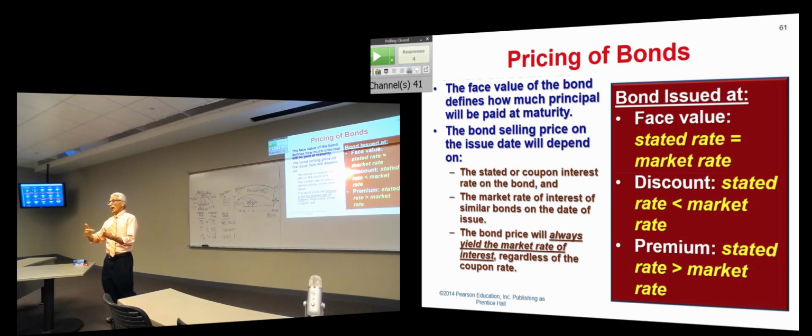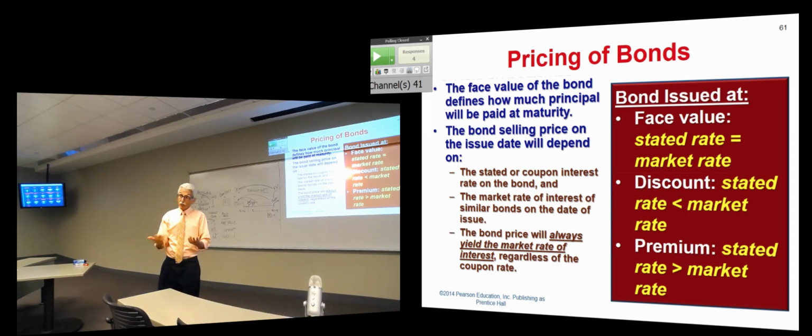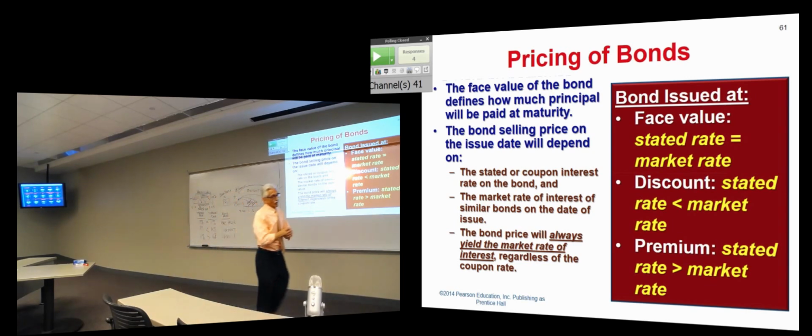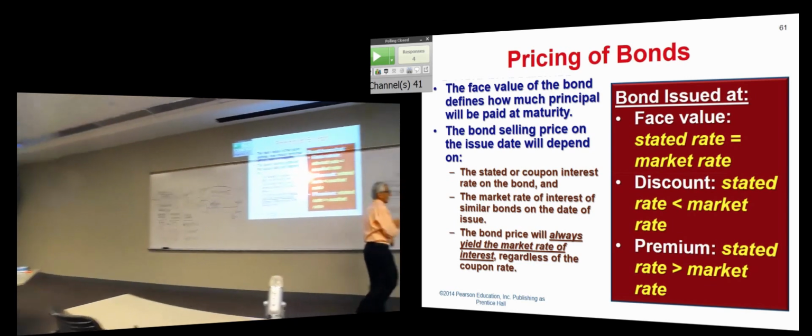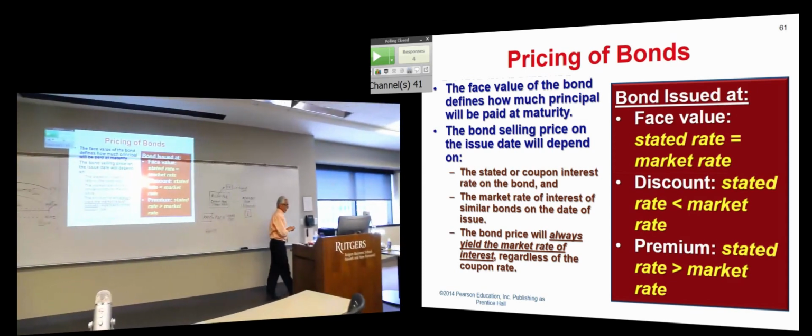Right? So right now, buying a bond, unless you're going to hold it long term, is going to probably backfire on you because it's going to drop in price when market rates go up. So there's an inverse relationship between bond prices and market rates, not only in the primary market, but in the secondary market.